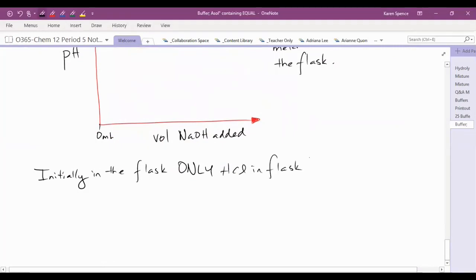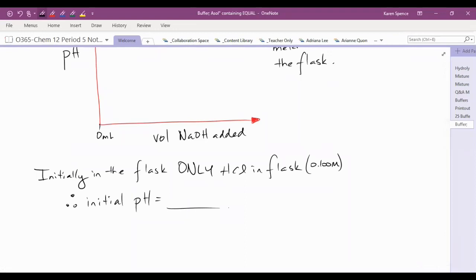And its concentration is 0.100 molar. So what would our initial pH be? Calculate that for yourself. What would our initial pH be if the only thing in the flask at the start is 0.1 molar HCl?